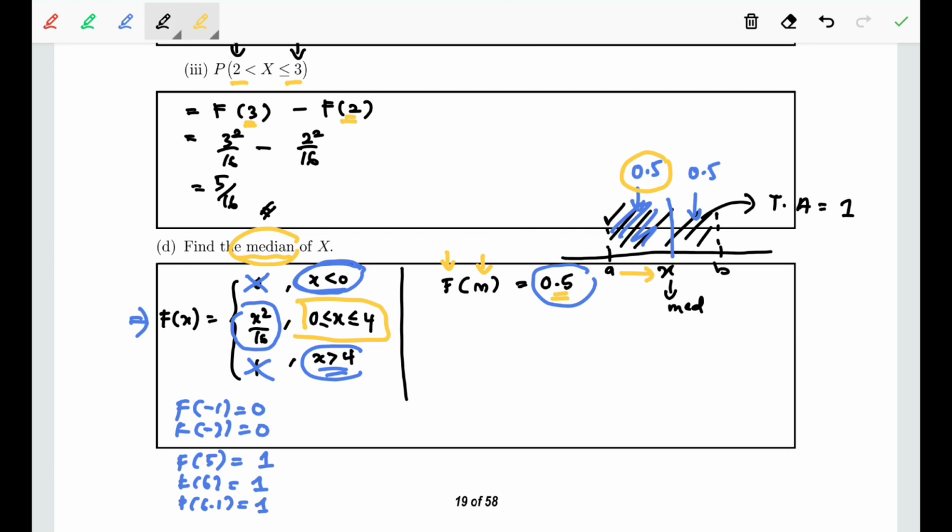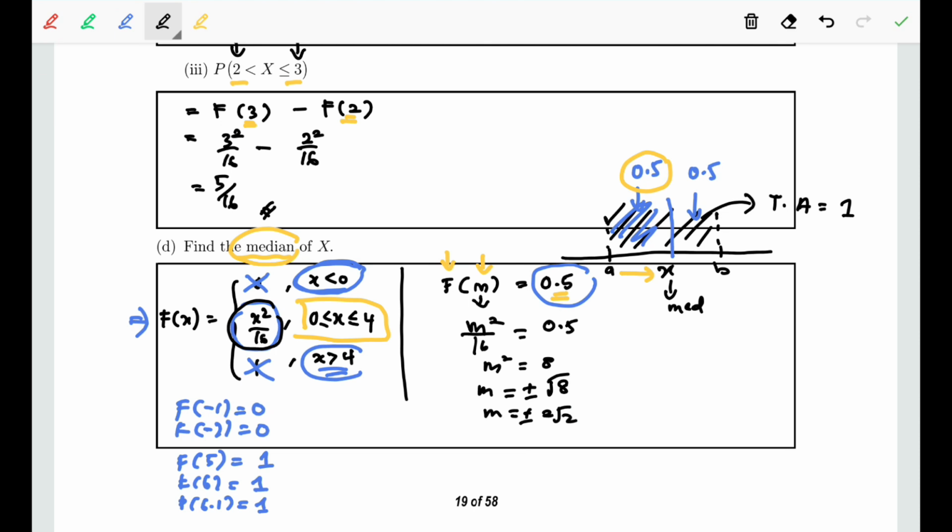So what we need to do is substitute m into this function. That gives m squared over 16 equals 0.5. Solving it, m squared equals 8, so m equals plus or minus square root of 8, which is 2 square root 2.